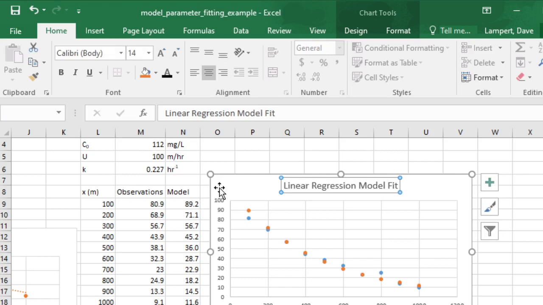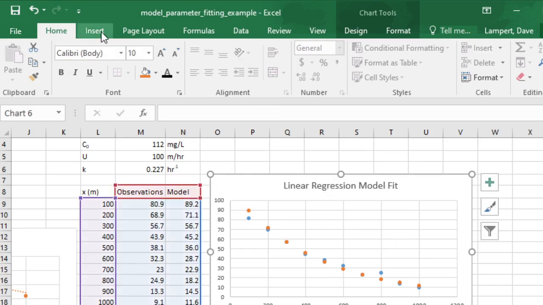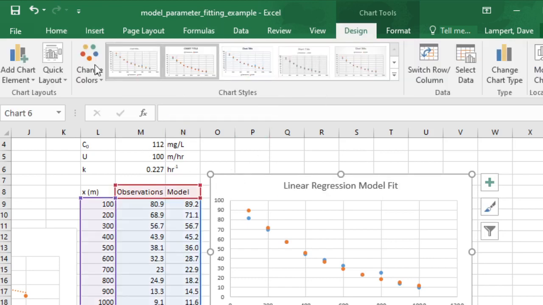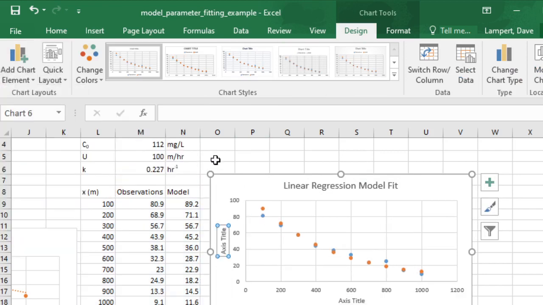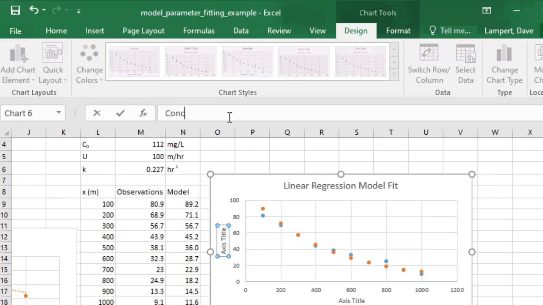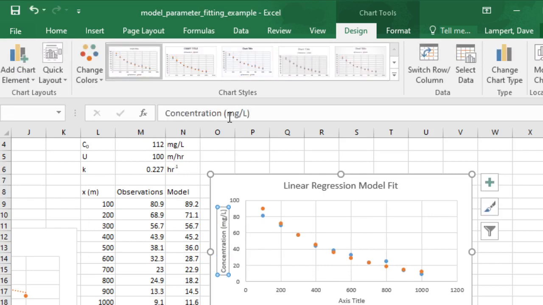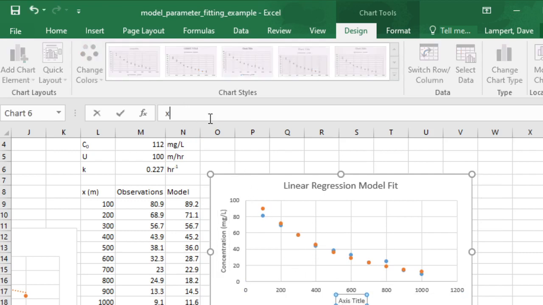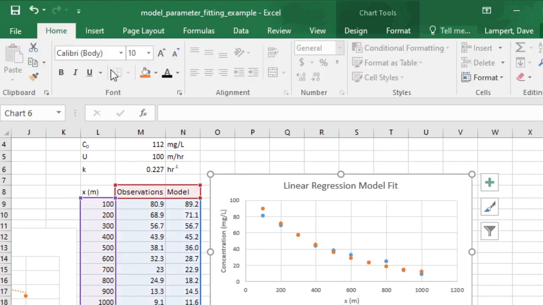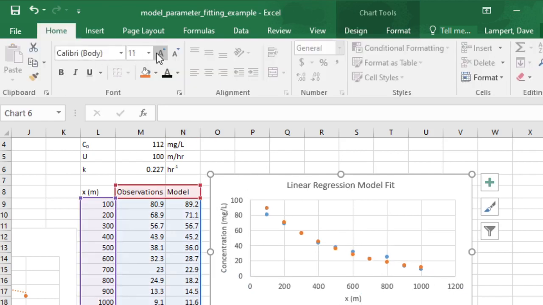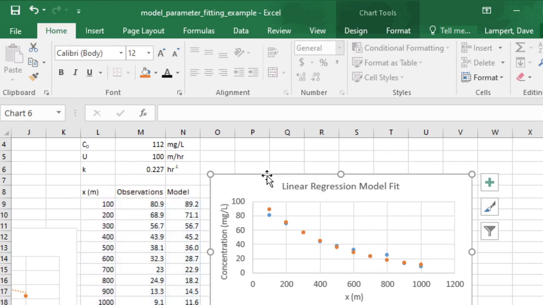Likewise, we should have the axis titles there. So this will be concentration in milligrams per liter. X here is going to be in meters. And boy, this font is small. All right, one more time. There we go. And for some reason, it always makes gray font.